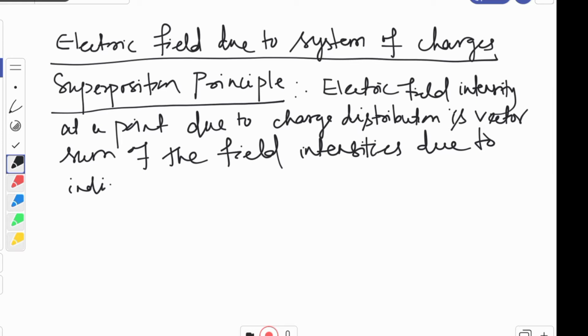What does it mean? Electric field intensity at a point due to charge distribution.